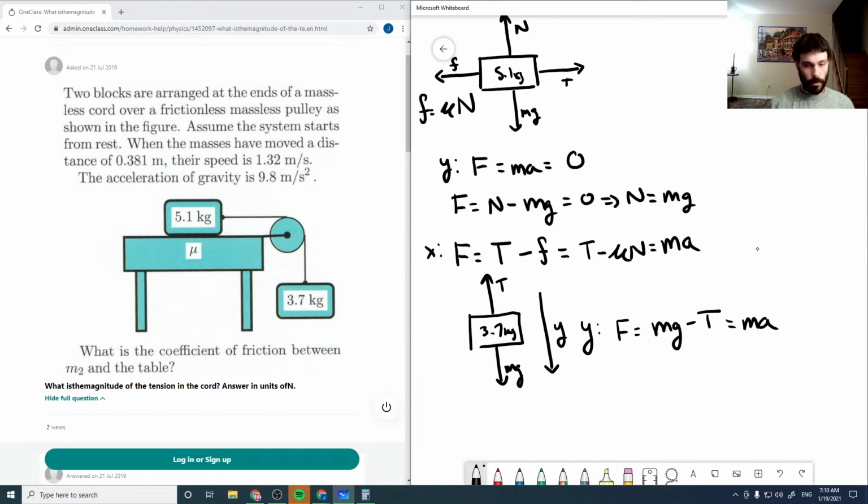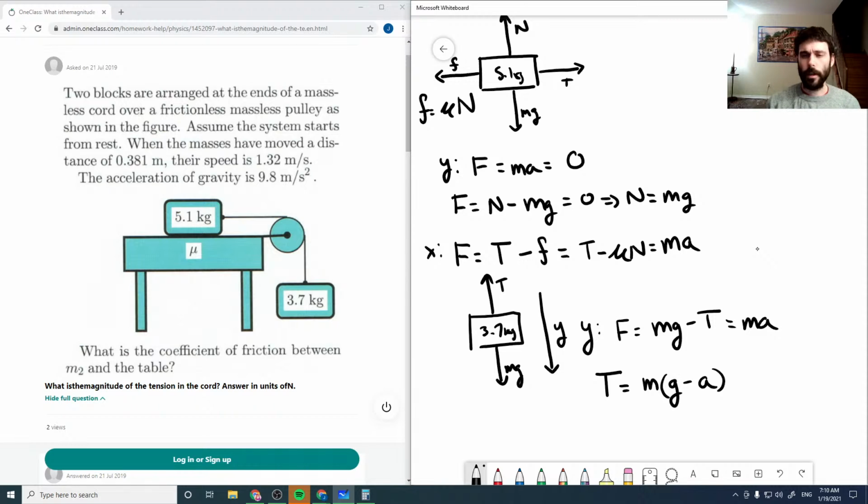We don't know the tension, but we do know a speed at a certain point. So let's use this equation of motion to solve for the tension, and then we can get our acceleration out. So from this, our tension is m(g minus a). And I better be careful here.